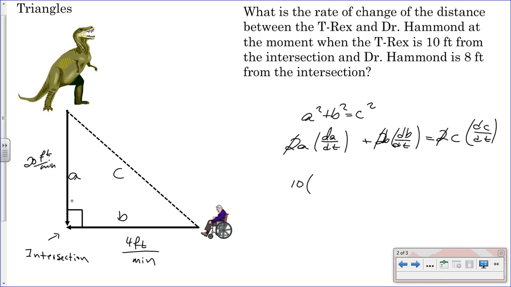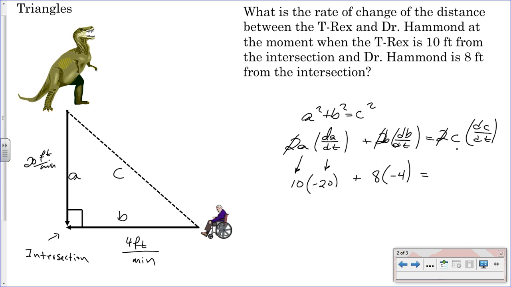This is going to be a negative 20 because he's going down, and that was dA dt. A was 10, dA dt was negative 20, plus B, which is how far Dr. Hammond is from the intersection, so 8, and then dB dt is his speed, which is negative 4 because he's moving to the left. And that equals C dC dt.